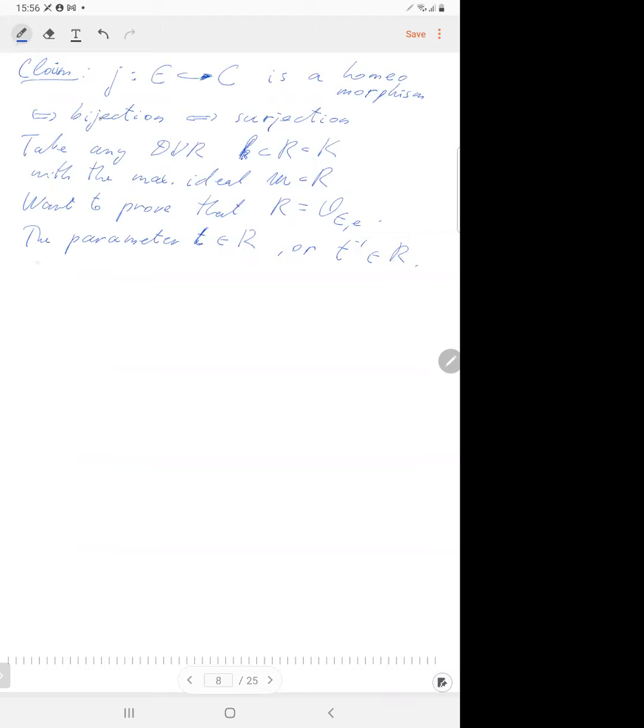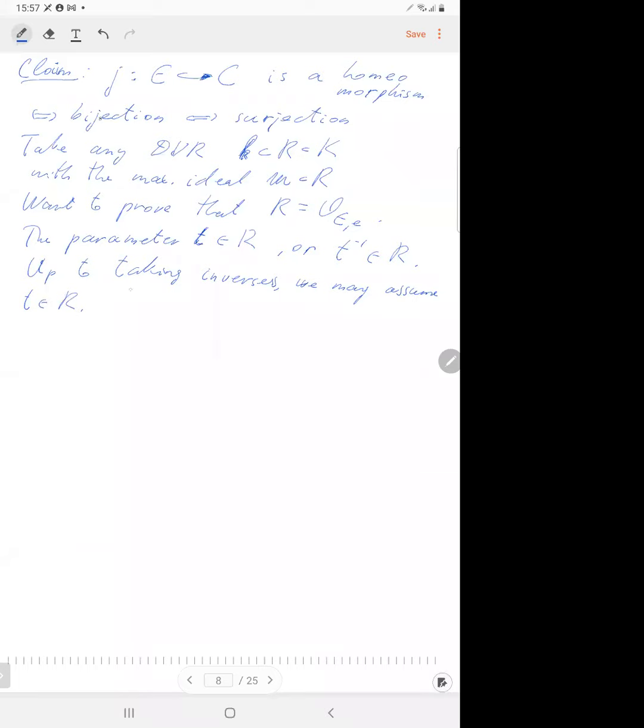But then just up to taking inverses, we may assume that it's T that lies in R, not its inverse.